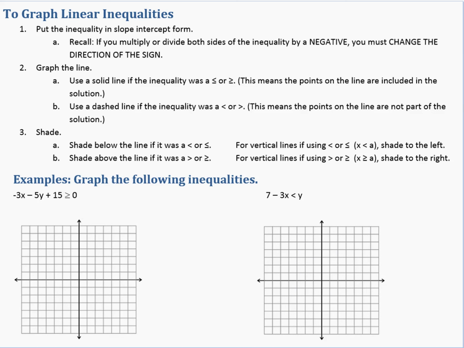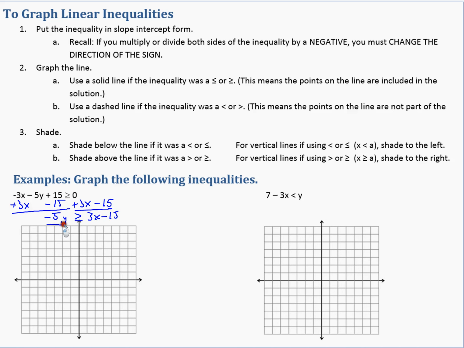Next couple examples are similar. So here we would solve for y, so we can add 3x to both sides. And we also want to get rid of this 15, so I'll subtract 15 at the same time. And so that gives us -5y is greater than or equal to 3x minus 15.